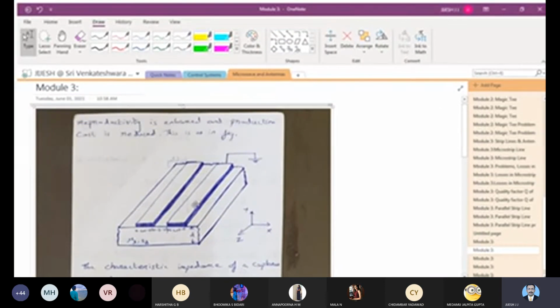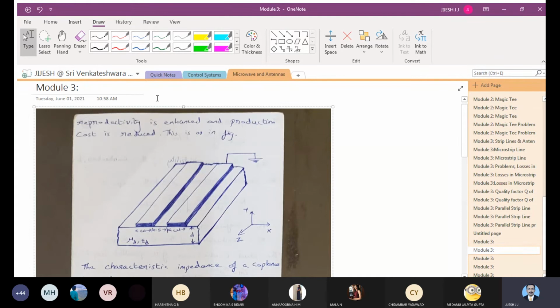You can see that 2 conducting strips will be there, each of width W, going parallel to each other. They will be separated by a distance of S. This S distance will be constant.